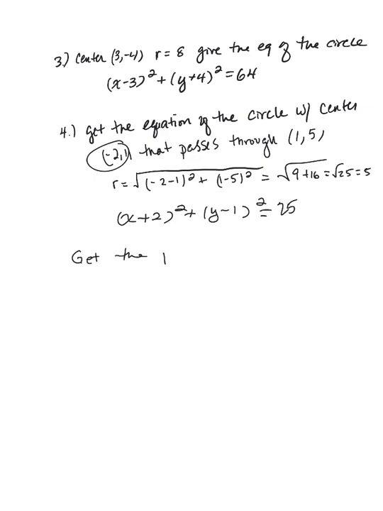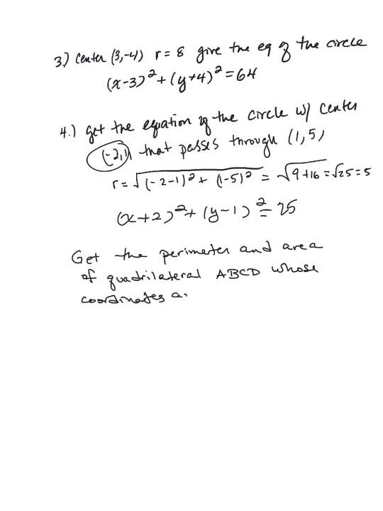Get the perimeter and area of quadrilateral ABCD, whose coordinates are A(-3, -5), B(-1, 4), C(2, 5), and D(1, -3).